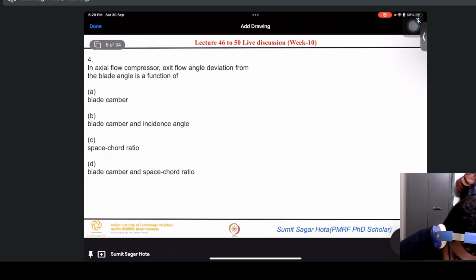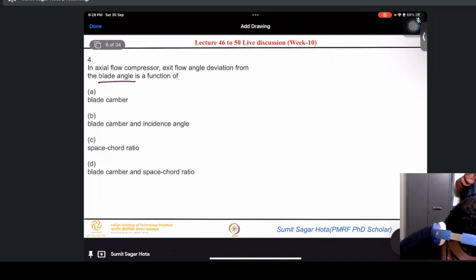In axial flow compressor, exit flow angle deviation from the blade angle is a function of what? You know very well that there will be a blade angle, so it's obviously a function of blade camber. That you anyway know.